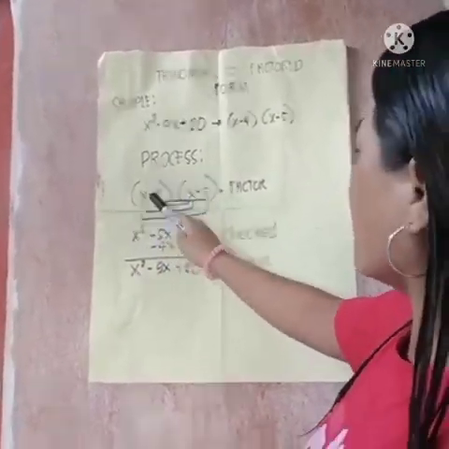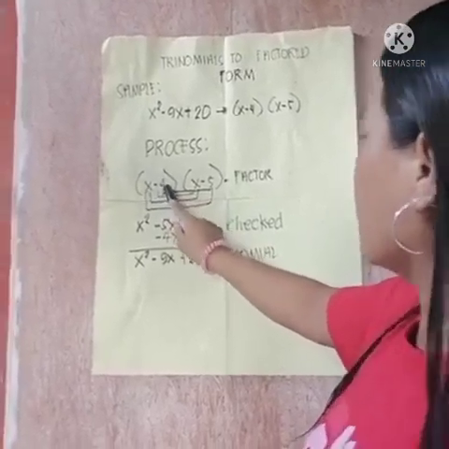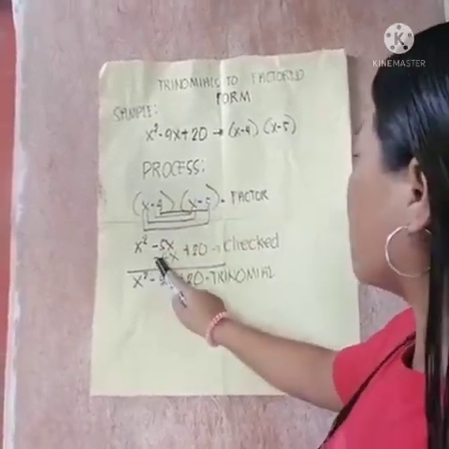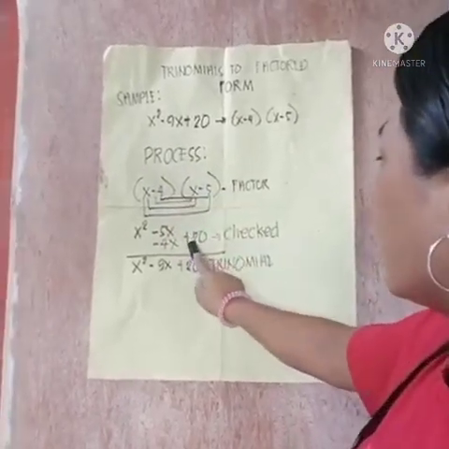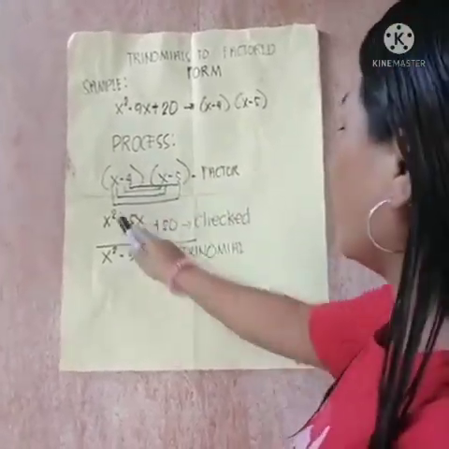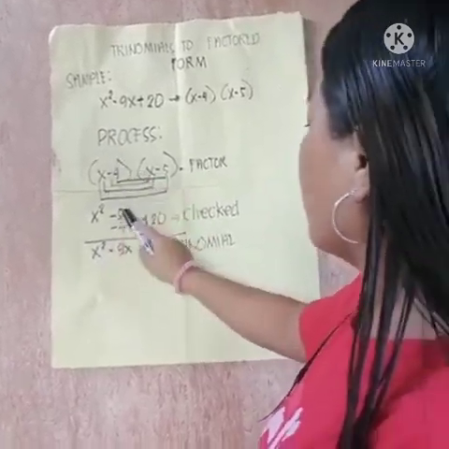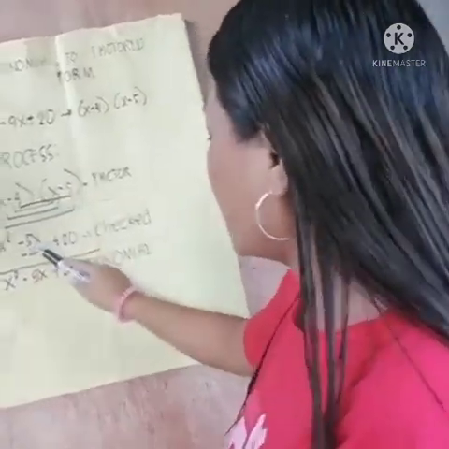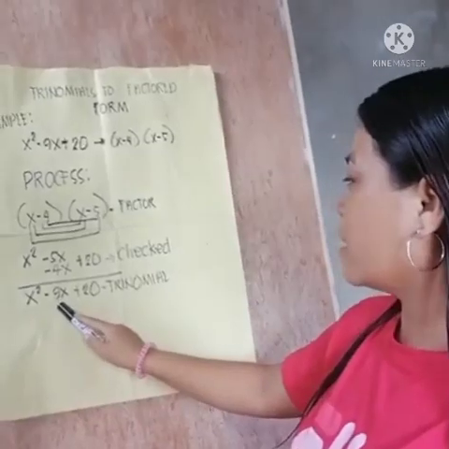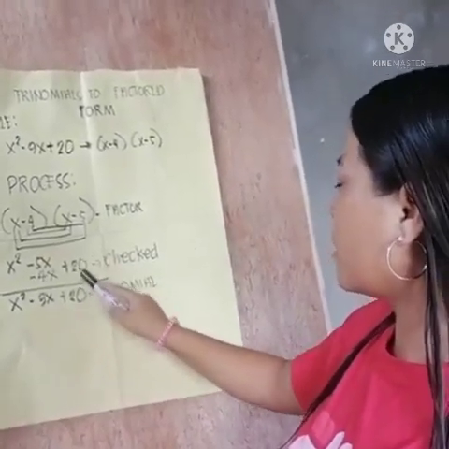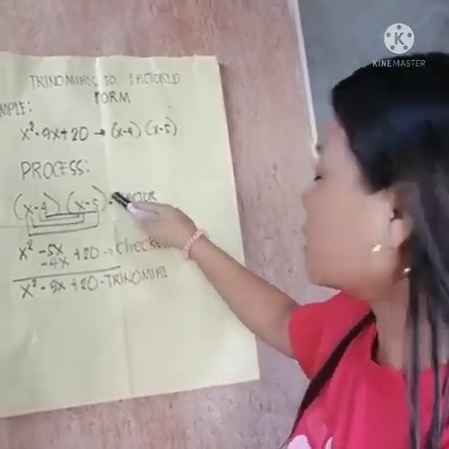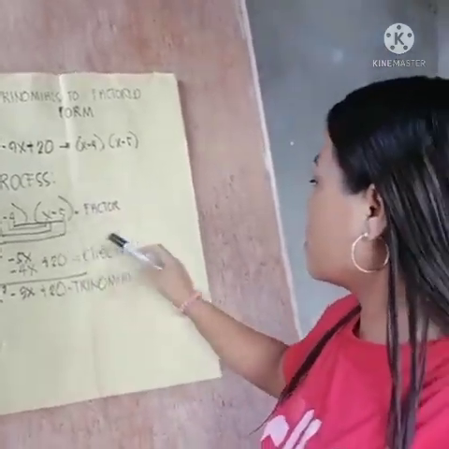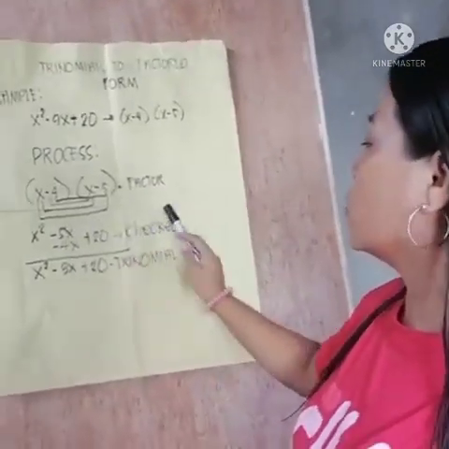Then the second column is negative 4 times x equals negative 4x. Then negative 4 times negative 5 equals positive 20. So let's add x squared, negative 5x, negative 4x, equals negative 9x, then bring down the 20, plus 20. So this is the trinomial, this is the factor, and this is the process of how to check if your factor is correct.